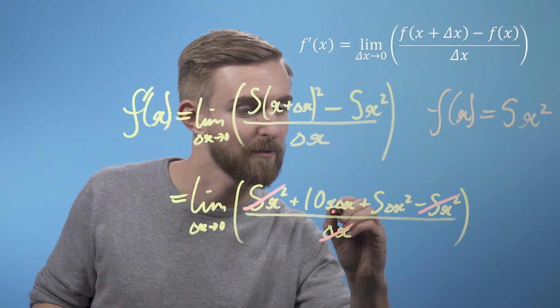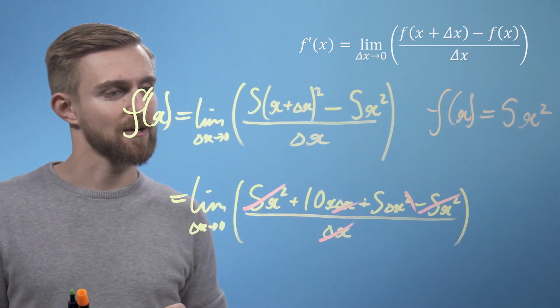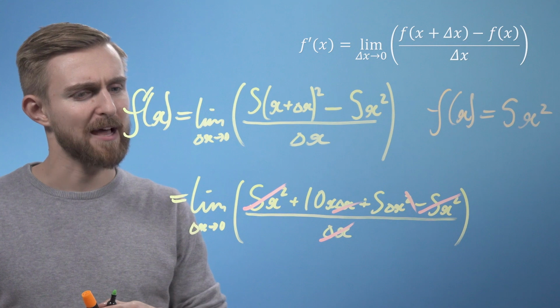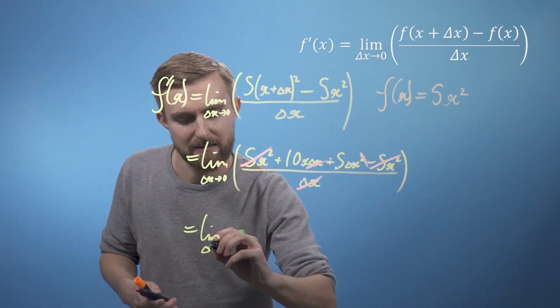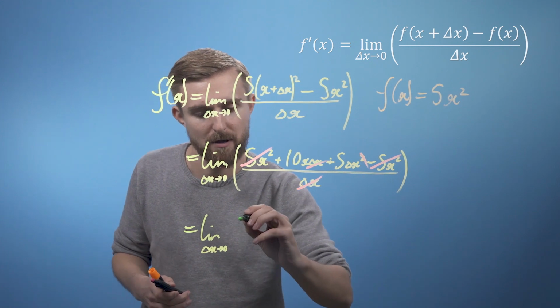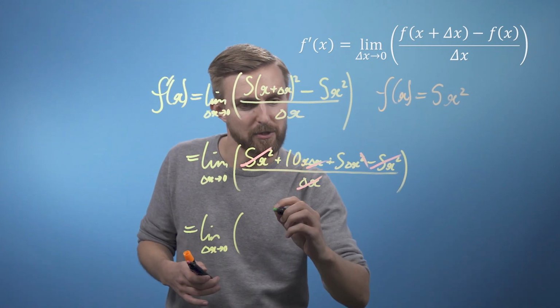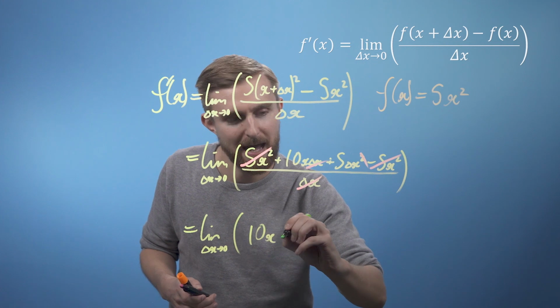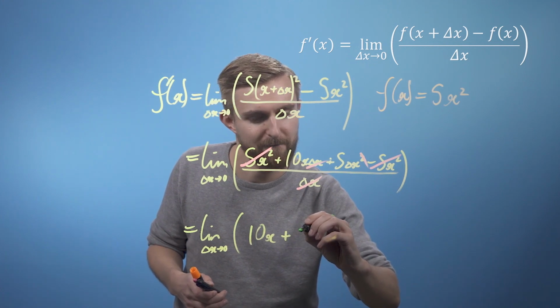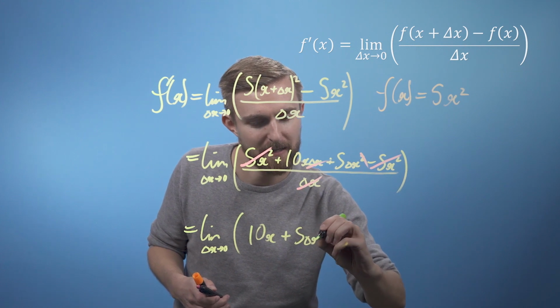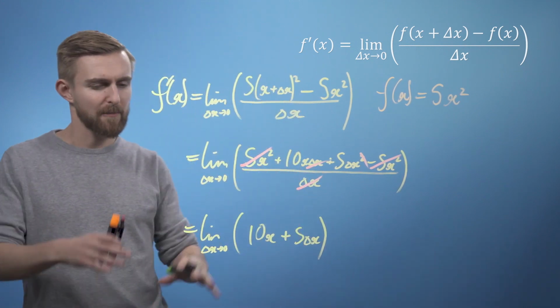So we can get rid of that with this and this over here. Okay, so let's write that line again. So we can now say it's the limit as delta x goes to 0 of, we've just got 10x plus 5 delta x.